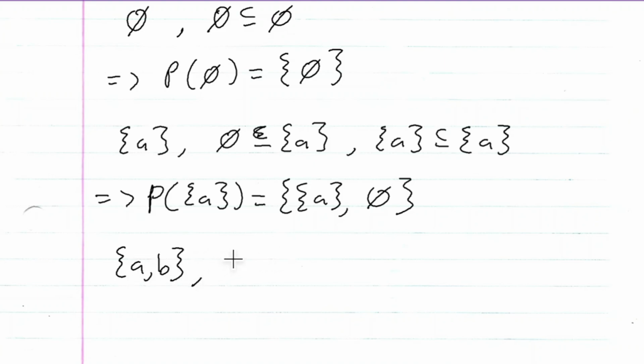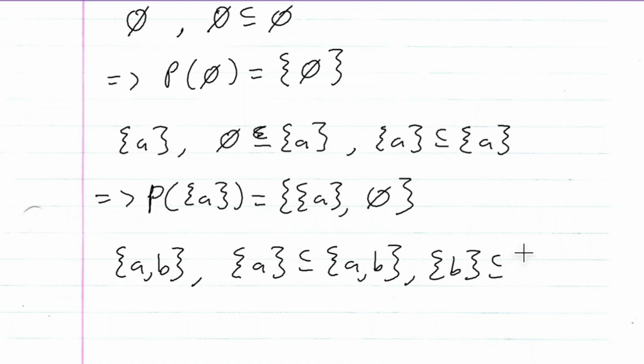Okay, so now we're going to look at the set containing A and B. So the possible subsets of this are, we know that the set containing A is a subset of the set containing A and B. We know that the set containing B is a subset of the set containing A and B. We of course know that A and B is a subset of itself.